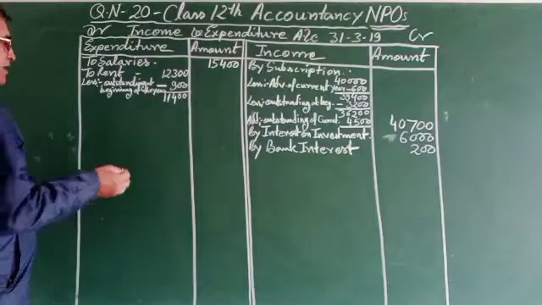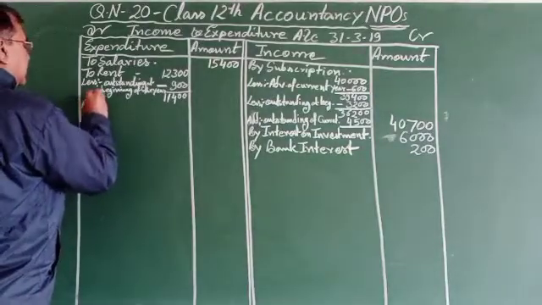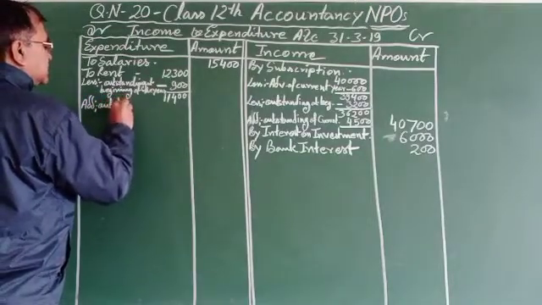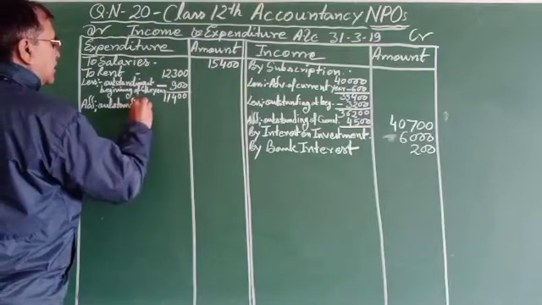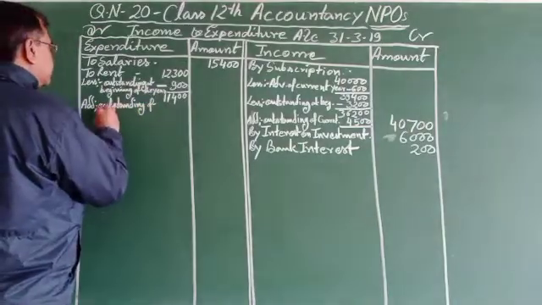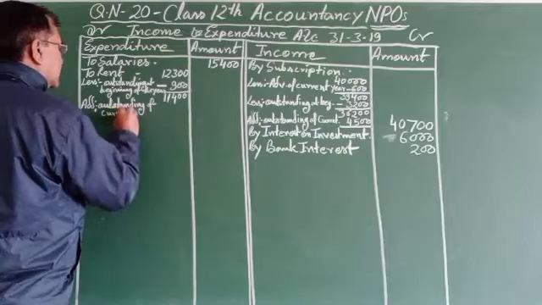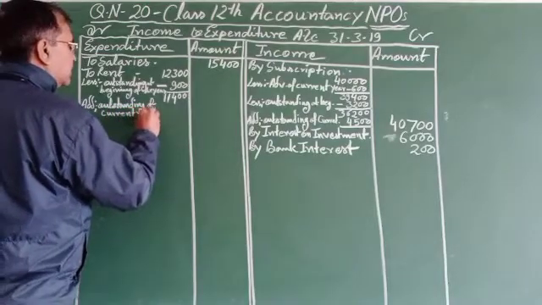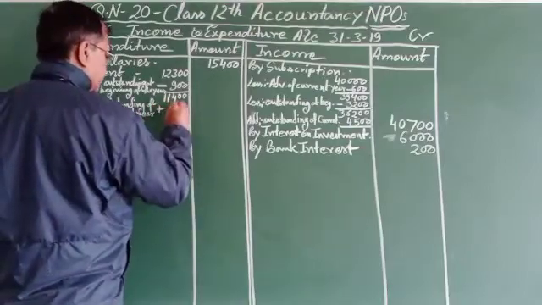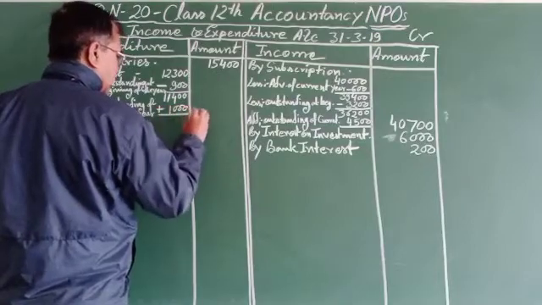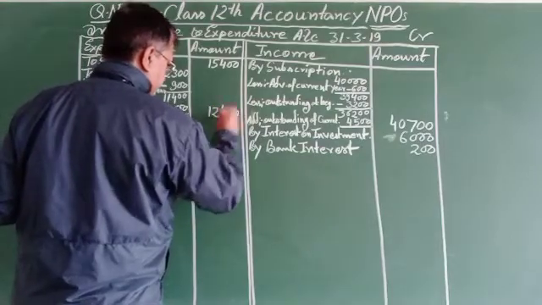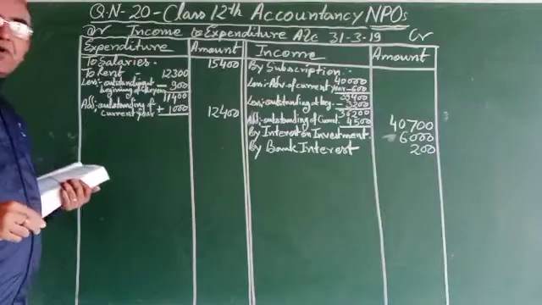Outstanding of the current year plus 1,000 is equal to 12,400.